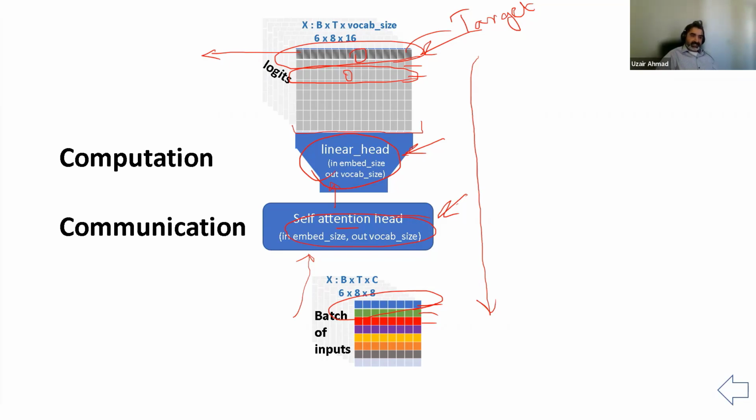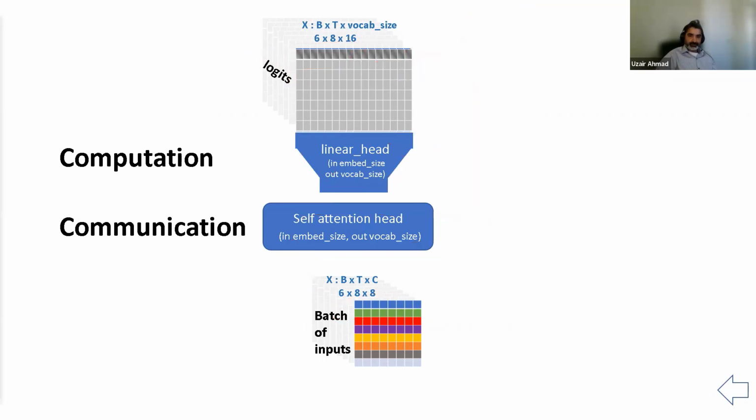So essentially, in the self-attention block, consider every word in a sentence as a node in a graph, which is connected to all previous nodes. So every node, every word, is dependent on itself and all previous words. Key, query, and value provide a mechanism for these words to communicate with each other and pass information.